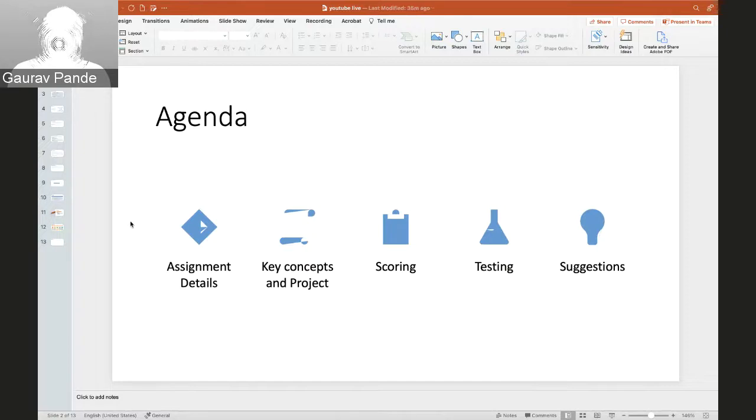I will though touch upon the topics that you are expected to know to solve this assignment. Then we will go through the GitHub repository and see what each component and each problem is, and then we'll talk about the scoring mechanism: what the scores are for each section. And then we will talk about testing, like whether you can test locally and how the Gradescope test is done. Finally, I will close up with some suggestions that I would like to give you guys.